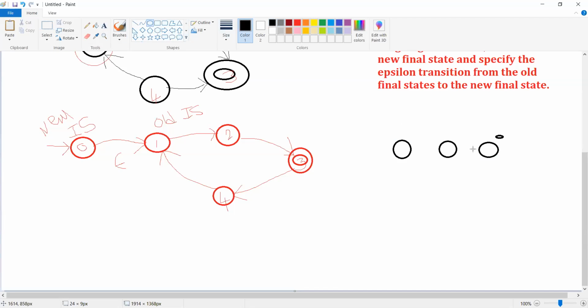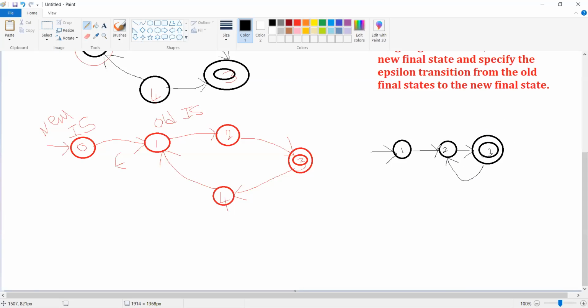From the final state I have a transition to state 2.